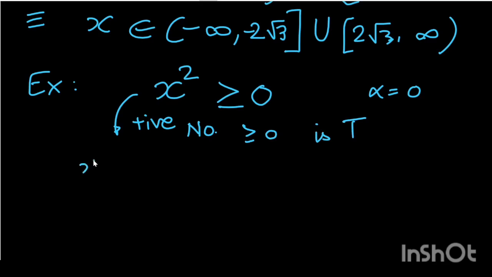So a positive number is greater than or equal to 0, which is a truth. Even if x is 0, if you substitute x equals 0, this becomes, guys, 0 greater than or equal to 0, which is also true.